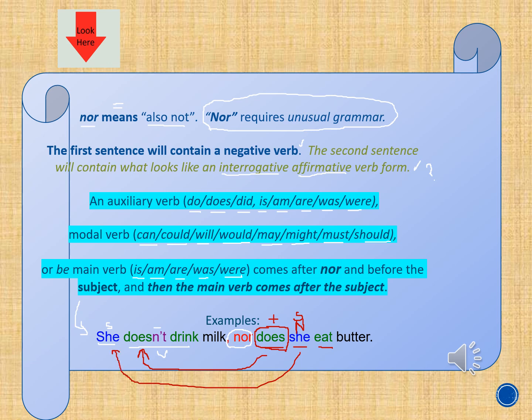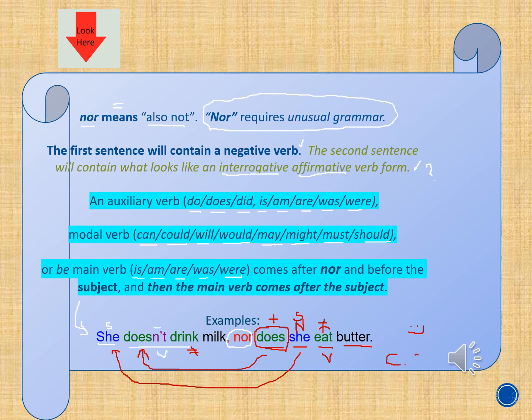Now you're going to continue writing whatever she's not doing or doesn't like. In this case, she doesn't drink milk or butter. None of these things. She doesn't eat them, drink or eat. So my other verb can change into eat, and then my complement is butter. Do you notice this? The name of this sentence is a compound sentence with the word nor.